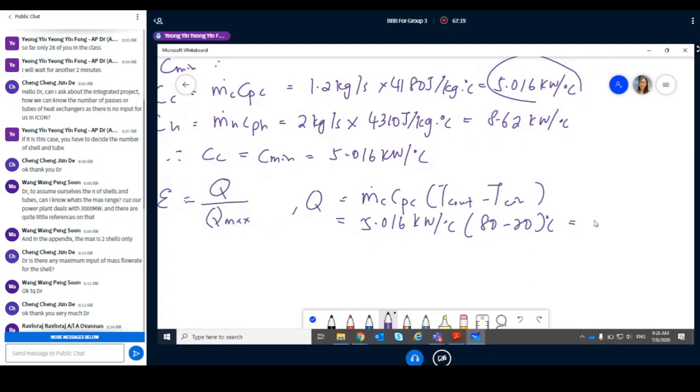Sorry, 0.582. Either you can use the chart. So counterflow, this one, chart B. Okay. So how to get the NTU value? Effectiveness you already calculated, which is 0.428.